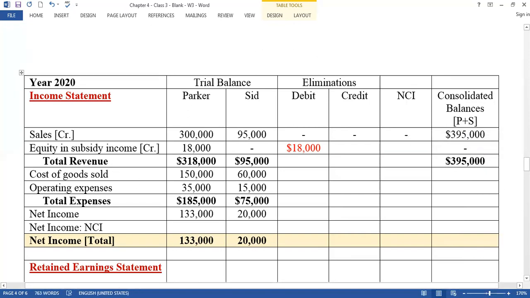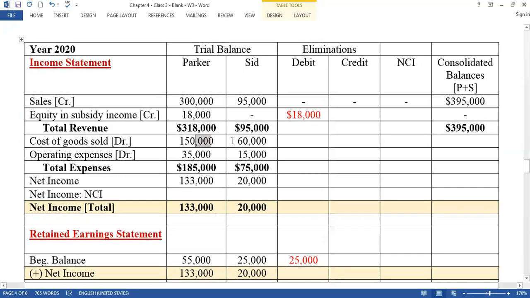Now cost of goods sold, normal balance debit. Then other operating expense, normal balance also debit. Now cost of goods sold, debit and debit here, both are debit. We don't have anything here. So these two, debit and debit, plus.